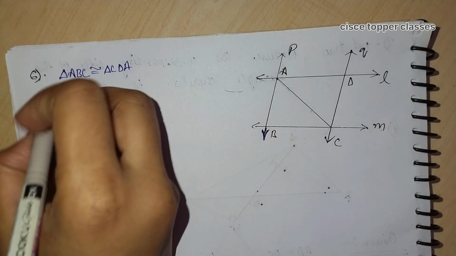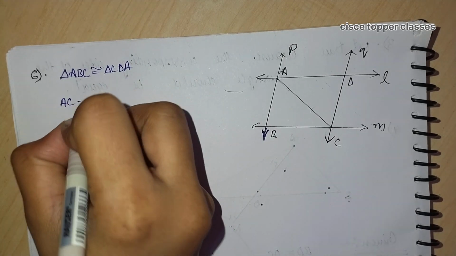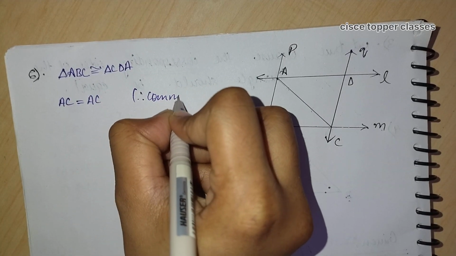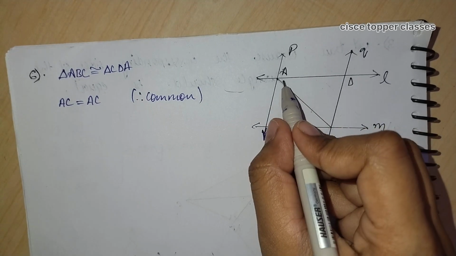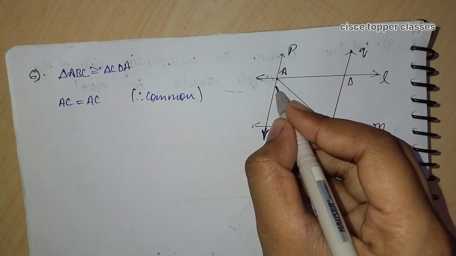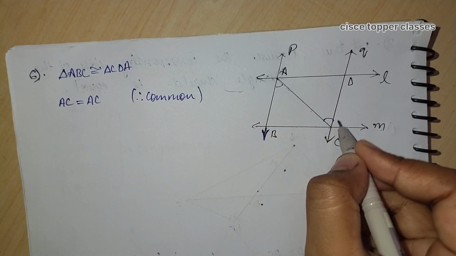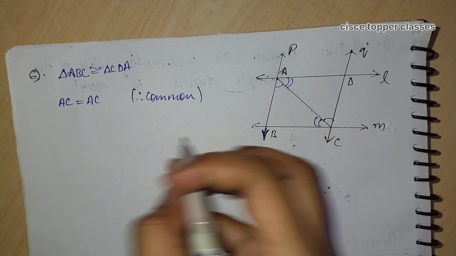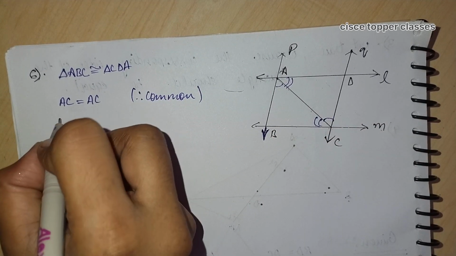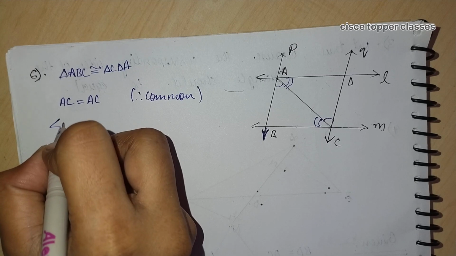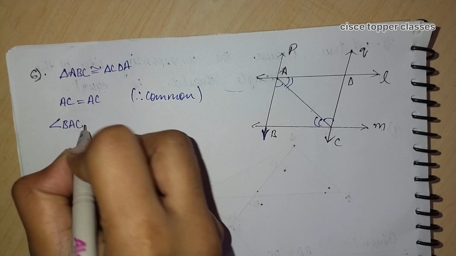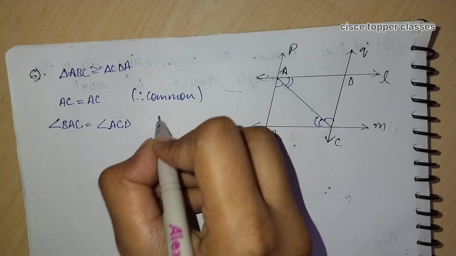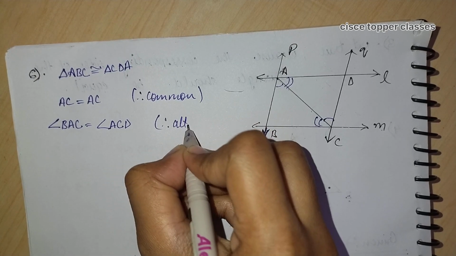So from here AC is common in these triangles. So AC is equal to AC because it is common in both the triangles. And here we have alternate angles. So this is equal to this and this is equal to this because these are alternate angles. So simply we can write angle BAC is equal to angle ACD because these are alternate angles.